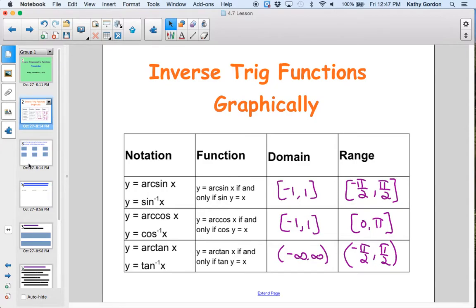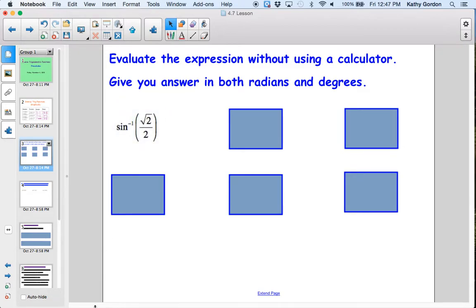So in this case, what's the angle that if I took the sine of it, I would get square root of 2 over 2? That's what we're trying to figure out. Okay? So what's the angle that if I took the sine of it, I would get what's in the parentheses, square root of 2 over 2.